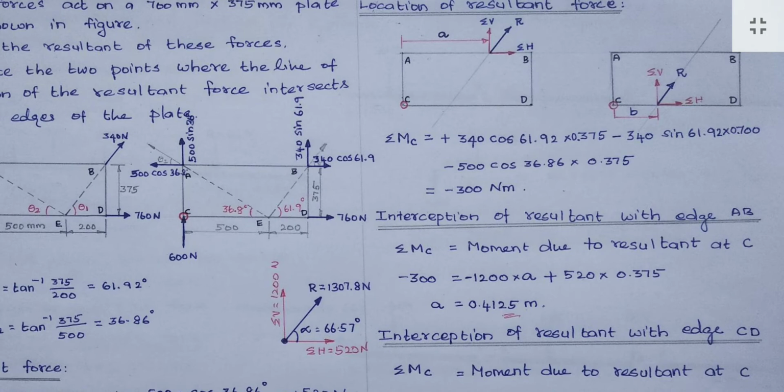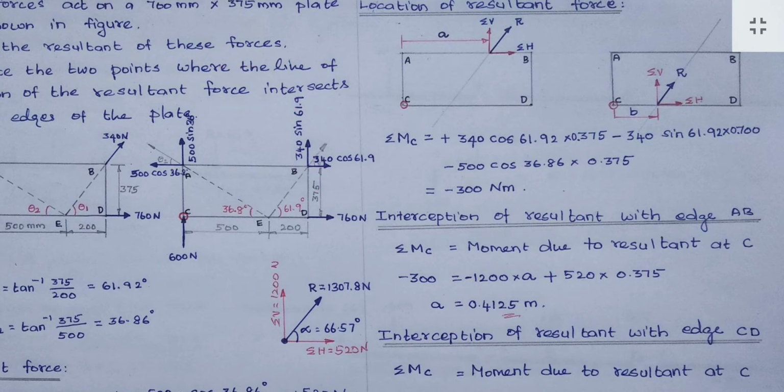Now when you consider this upward force, 340 sine 61.9. Also, you keep the plate hinged at C with your left hand, and you are applying one upward force with the right hand. Now it is fixed at C, so it tries to rotate in this direction.